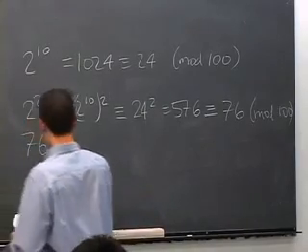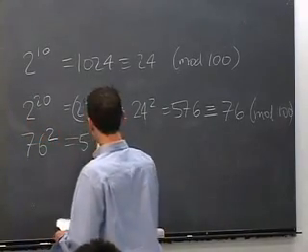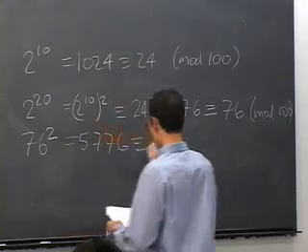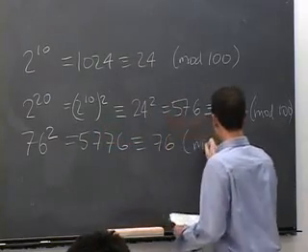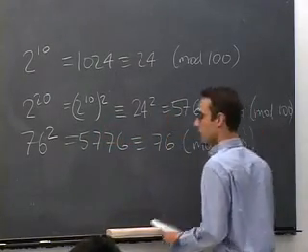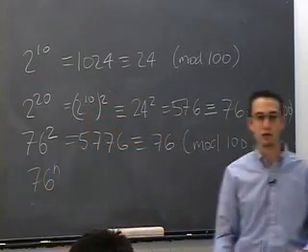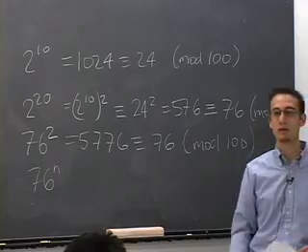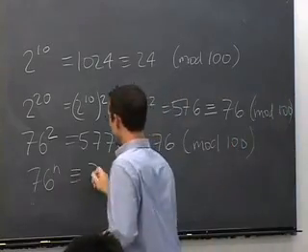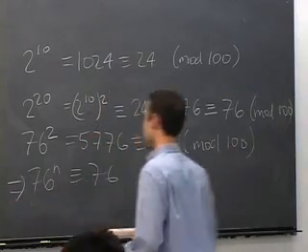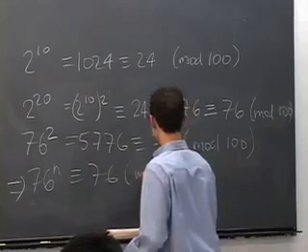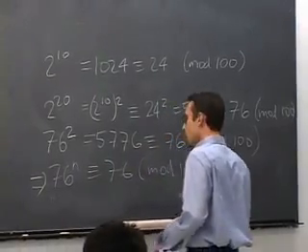Now, if I square 76, this is 5776, which is just 76 mod 100. What is 76 to the n modulo 100? It's 76. This implies that 76 to the n is congruent to 76 modulo 100 by induction.